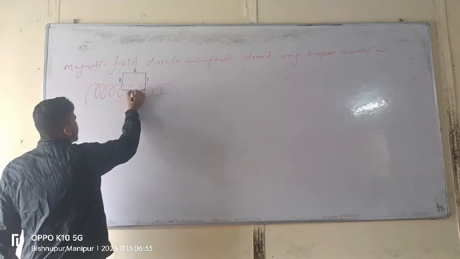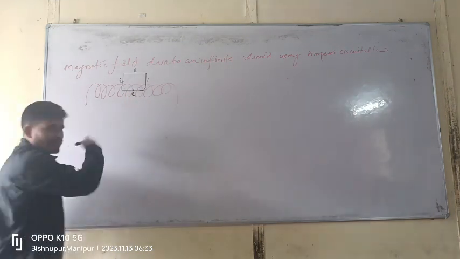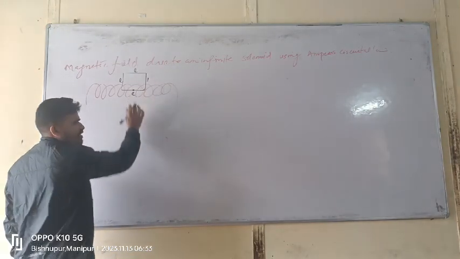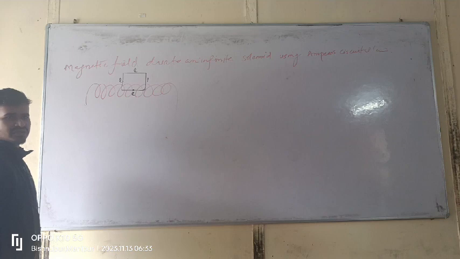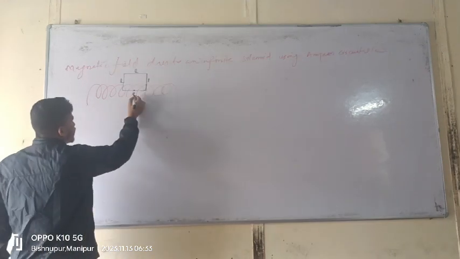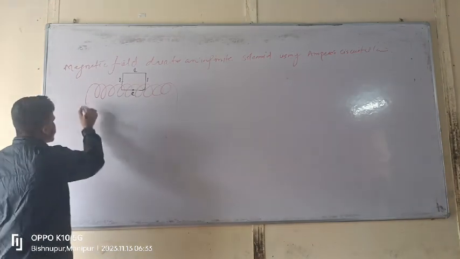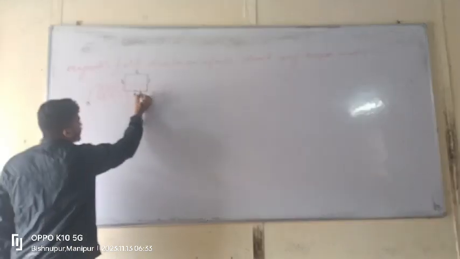I want to calculate the magnetic field in between the solenoid. Using this, I didn't choose a circular section because that will not be symmetric. Let's say the magnetic field is in this direction.